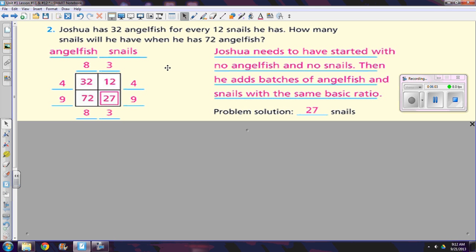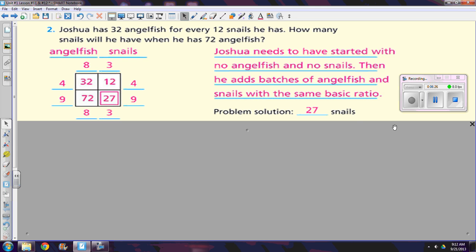Okay? Then he adds batches of angelfish and snails with the same basic ratio. Again, he has to add 8 to 3. So every 8 angelfish, he has to add 3 snails. So if he would change that up, then this would not be correct. So that's what you need to write down.